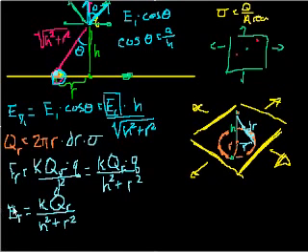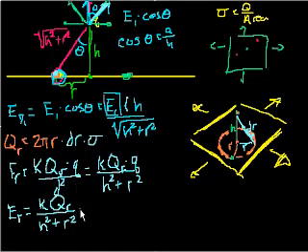And now, what is the y component of the field from the ring? Well, what we just figured out is the magnitude of essentially this vector, but we want its y component, because all of the x components just cancel out. So it's going to be times cosine of theta, and we figured out that cosine of theta is essentially this.